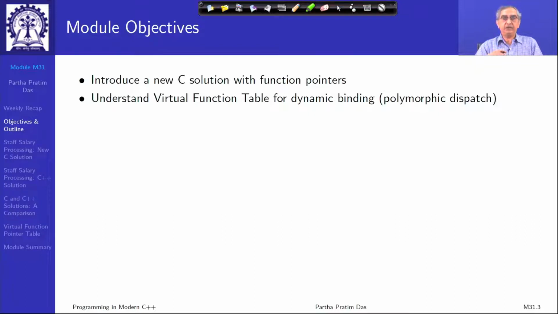The previous C solution had used function switch. And then we will understand the virtual function table for dynamic binding, which is the backbone of polymorphic dispatch, the backbone of polymorphism in a C++ polymorphic hierarchy.